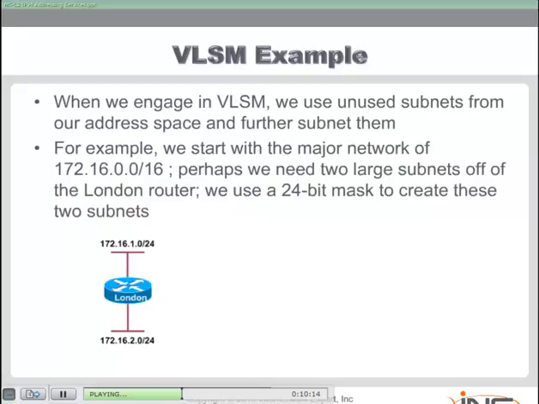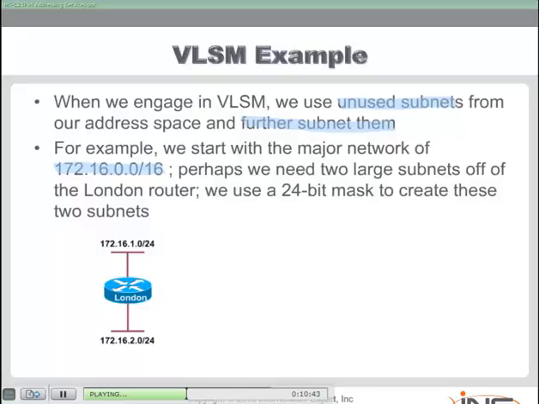What you do when you variable length subnet mask is you take unused subnets. You take subnets that you have not used from your address space and you further subnet them as needed. So as an example, we can start with the major network of 172.16/16, and maybe we need 2 large subnets off of our London router.